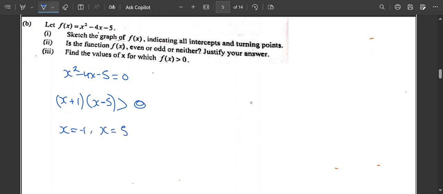So now I'll make a graph like this. I'm just interested in the signs. Here it's negative 1, because on the left that will be my negative number.